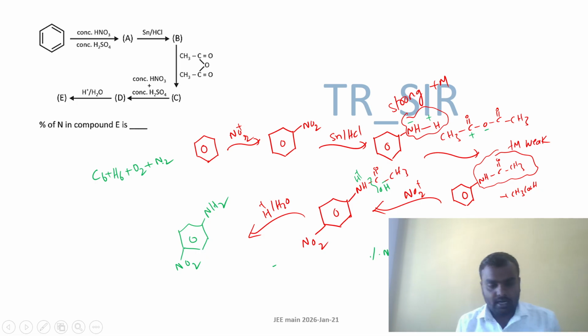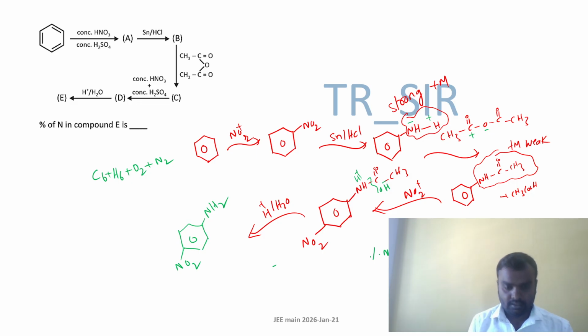Now add up the molecular mass of this one. So 6 into 12, plus 6, then plus 28 for nitrogen, then 32 for oxygen.